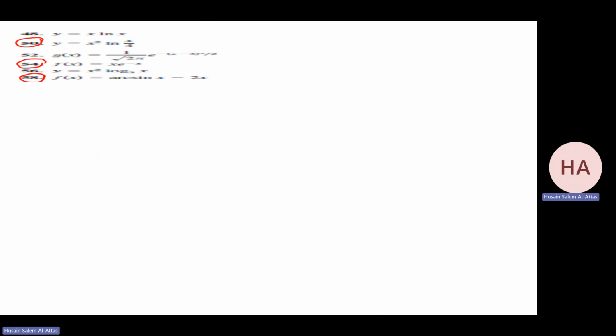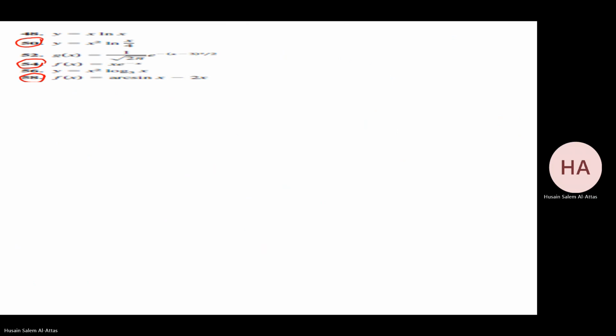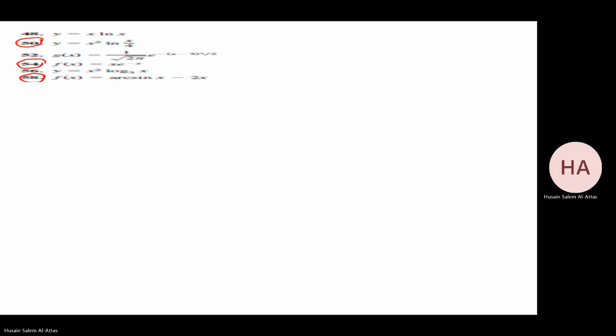Now, let me do 54. I don't think I need all of this space. Let me do it here. 54.